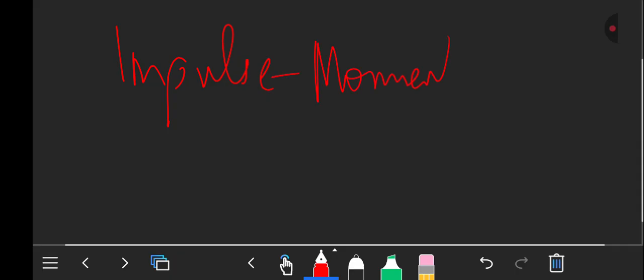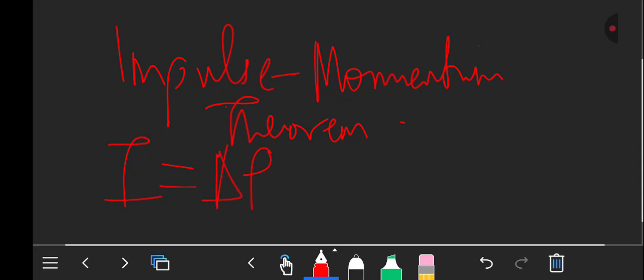Now let's look at what is known as the impulse momentum theorem. This is a theorem which says that the impulse is equal to the change in momentum.